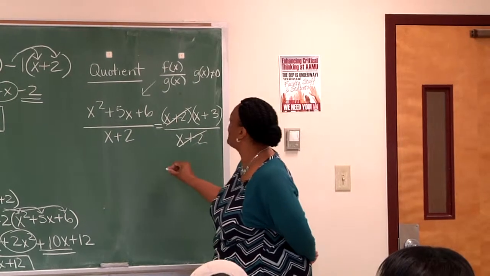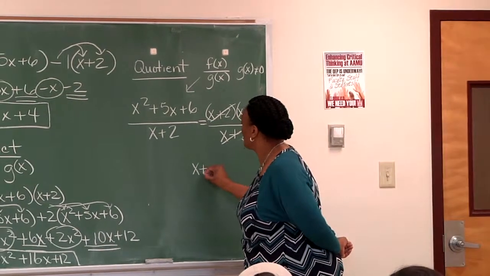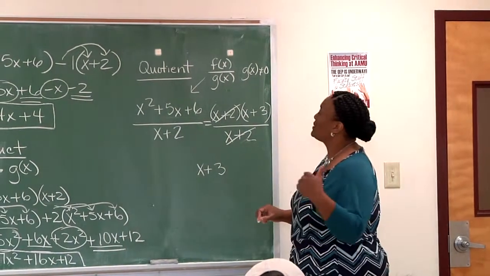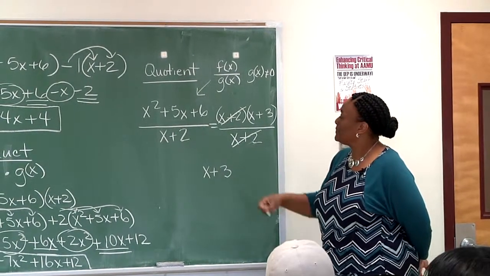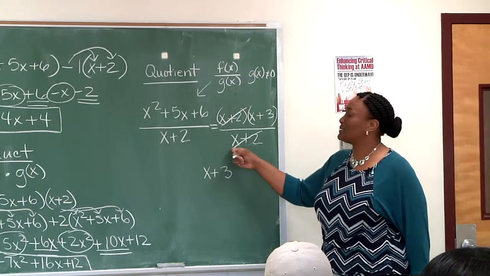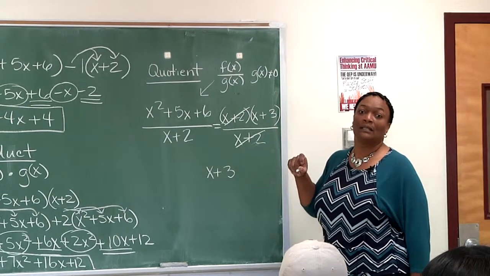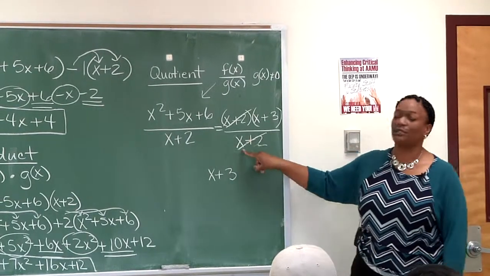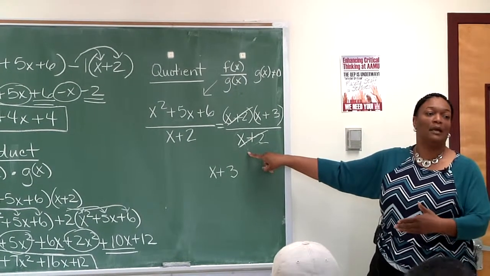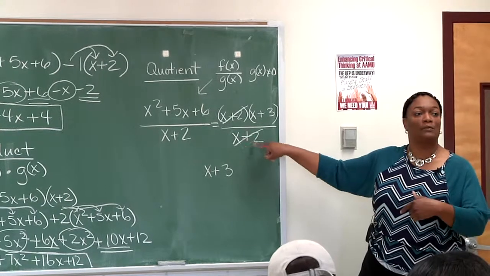Okay, so I'm left with x plus 3 as my answer, but I also have to go in here and say that x cannot equal what? It can't equal 0, but what will make it 0 right here? x plus 3. I mean negative 2. Negative 2, okay? Because if x were negative 2, if we put a negative 2 in this quotient right here, we would get a 0 in our denominator.